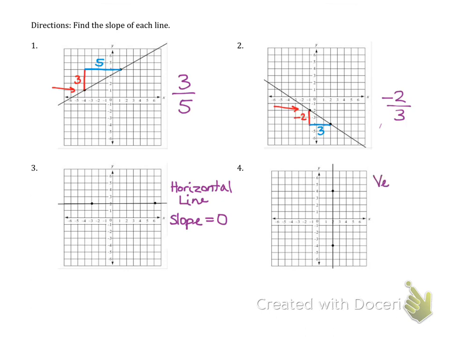A vertical line will always have a slope of undefined. So again, horizontal line, a slope of 0. A vertical line, the slope is undefined.